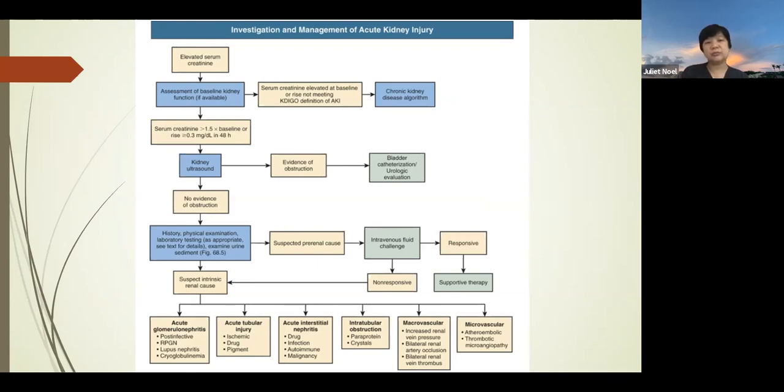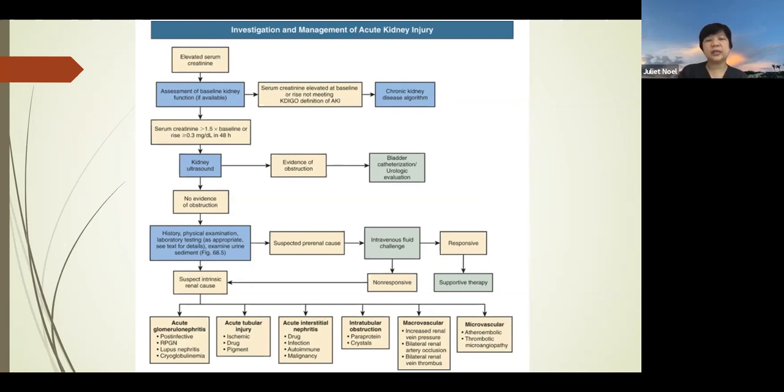No evidence of obstruction, then evaluate, get sediments and everything, then get history. Are there new medications given? Is there a procedure that was done?